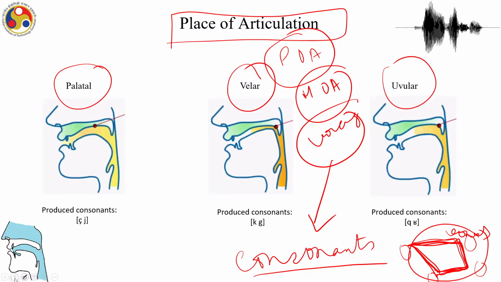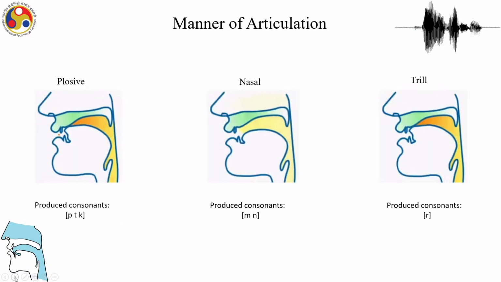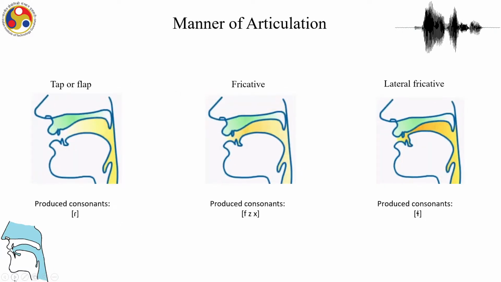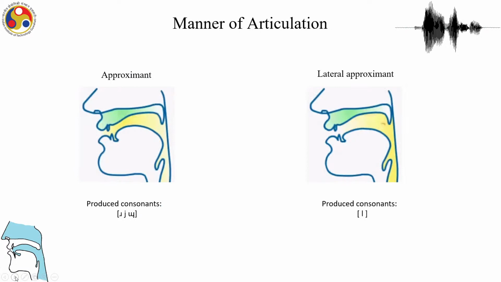It's a place where the obstruction happens for consonants, and that's why place of articulation is relevant only for consonants and not for vowels. So we did manner of articulation. Now, place of articulation, manner of articulation, and voicing. So this wraps up consonant articulation for us.